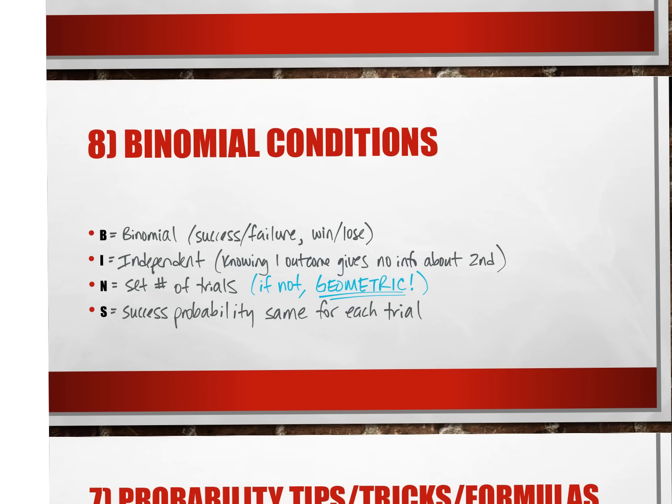And then the last one is the S: the success probability is the same for each trial. So every single time you flip a coin, you have exactly a 50% chance of getting heads or tails. That doesn't change depending on what the previous flip was. So the success probability is the same for every trial.